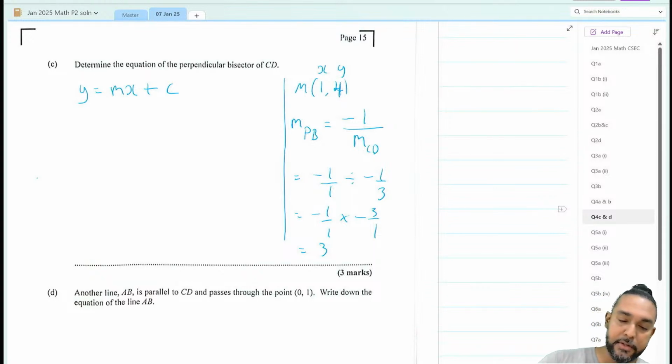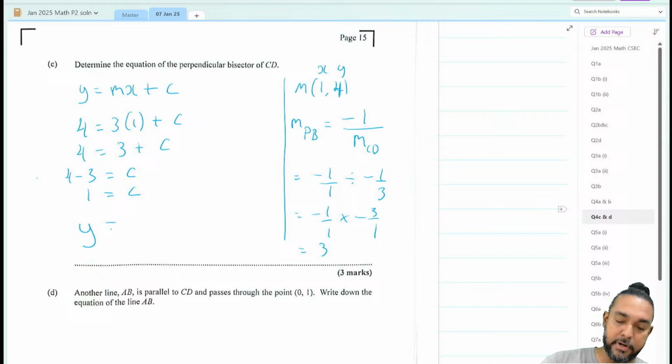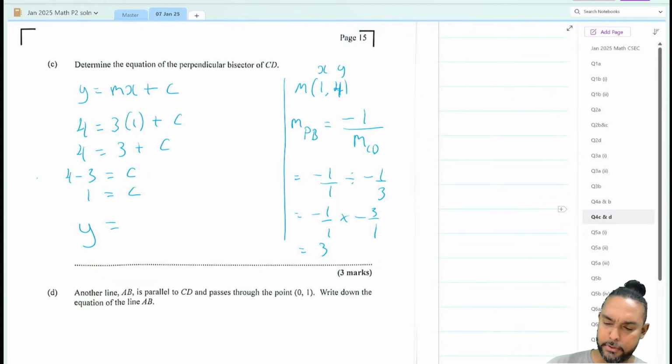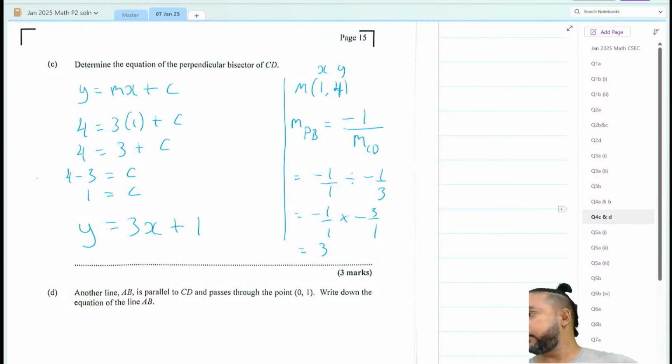So 4 equals 3 by 1 plus c. 3 by 1 is simply 3. To solve for c, we subtract 3 from both sides. And we can state outright that the equation of the perpendicular bisector is y equals 3x plus 1.